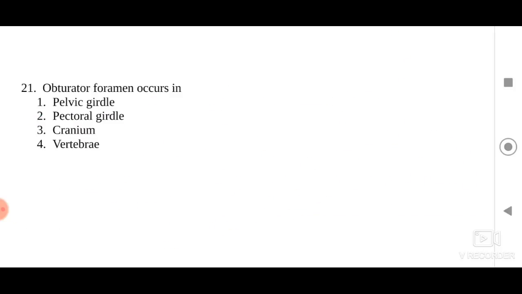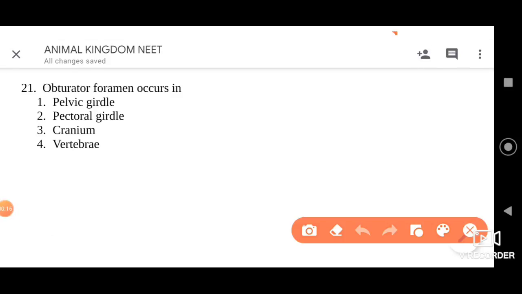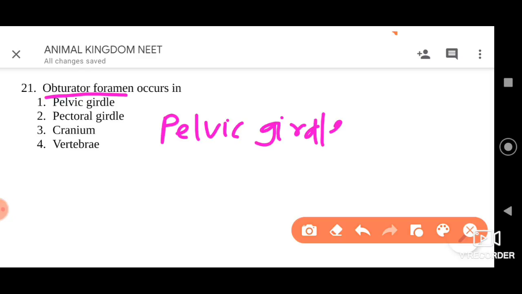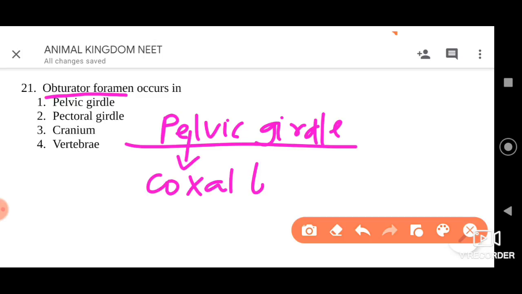Next question we have: obturator foramen occurs in pelvic girdle, pectoral girdle, cranium and vertebrae are the 4 options. Dear students, with respect to this question, first of all let me tell you that when we are talking about the pelvic girdle, we know that it is formed of a pair of coxal bones.